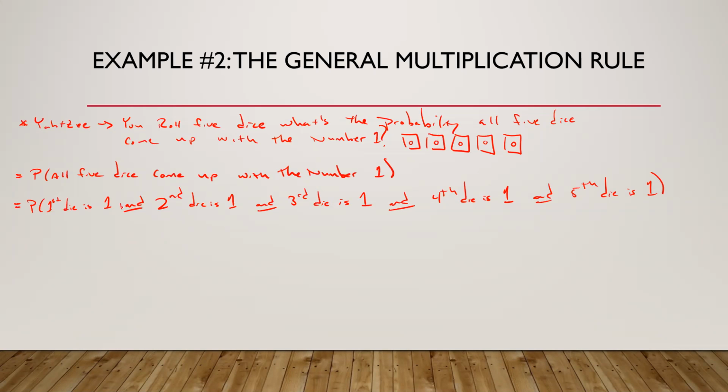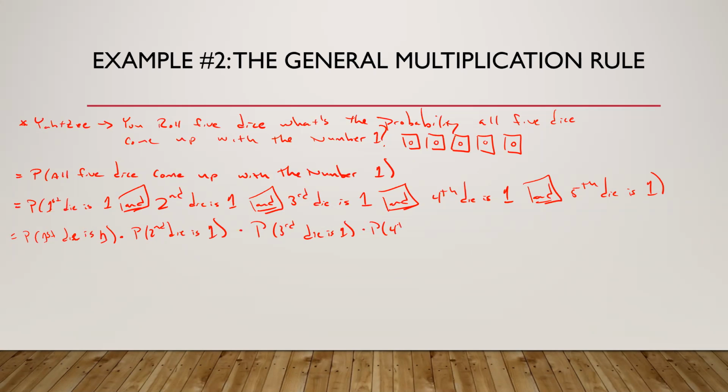So then I know I sound like a broken record here, but the and statement implies what again? Multiply. Yep. So it's the probability the first die is a 1, times the probability the second die is a 1, times the third die is a 1, times the fourth die is a 1, times the probability the fifth die is a 1.